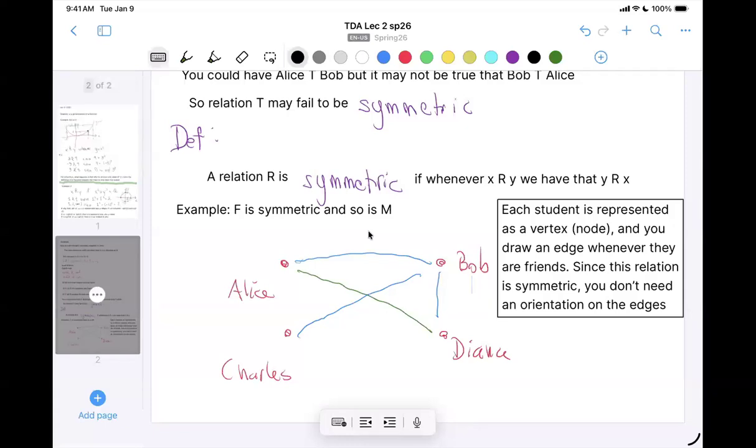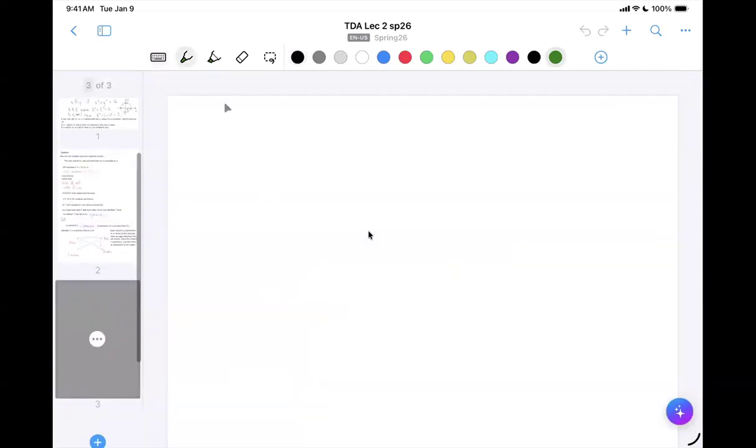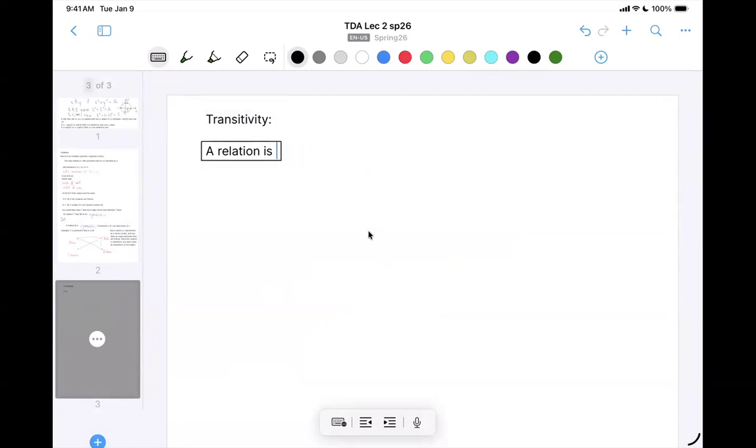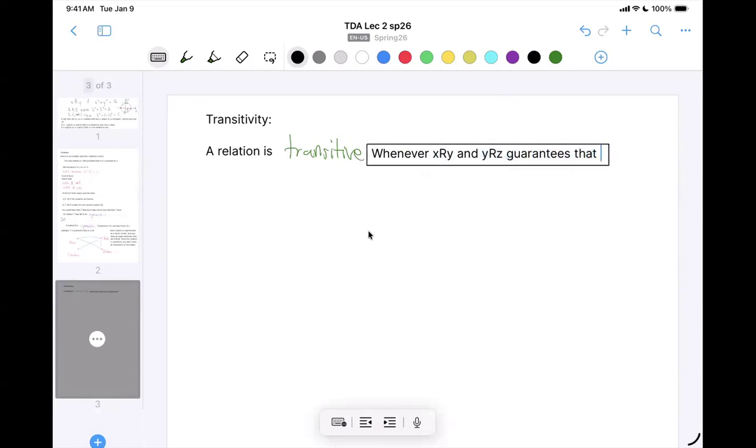I'll write it down first and then illustrate it with these relations. A relation is transitive whenever X related with Y and Y related with Z guarantees that X is related with Z.